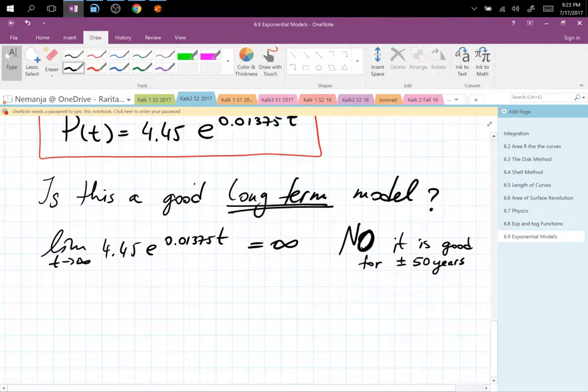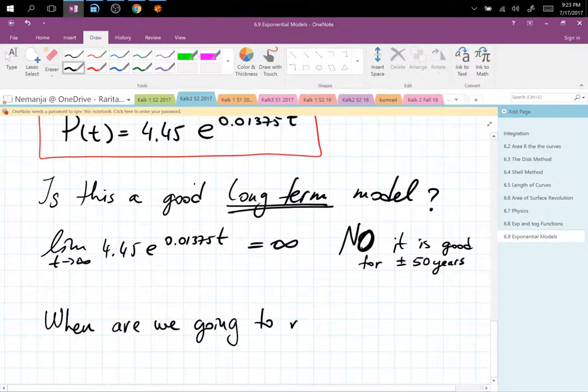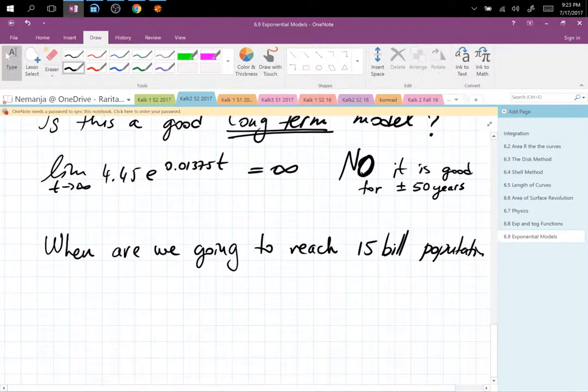So what I can do here now is I can ask when, meaning t equals question mark, when are we going to reach 15 billion population? Right? When? Well, the target is 15 billion. We have the mathematical model and we just solve for t. This is all pre-calc.